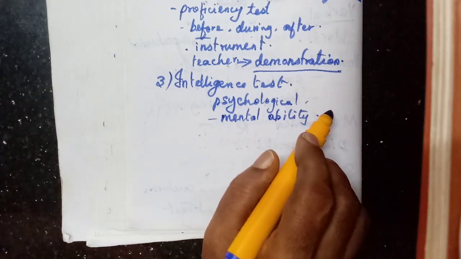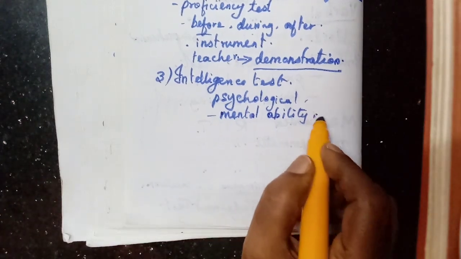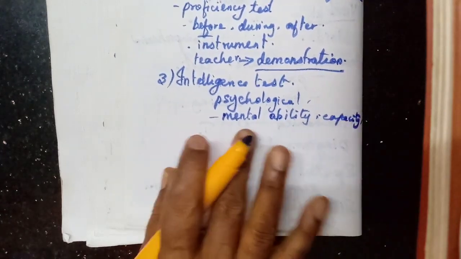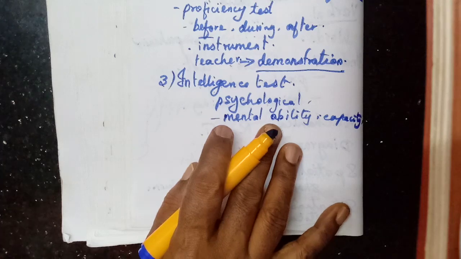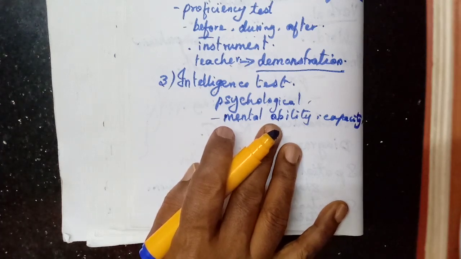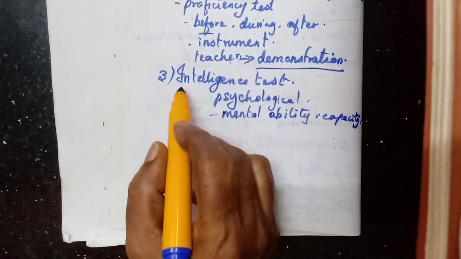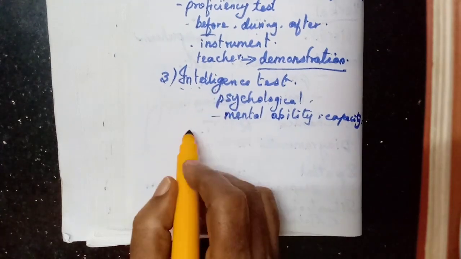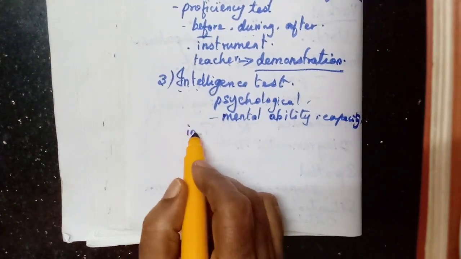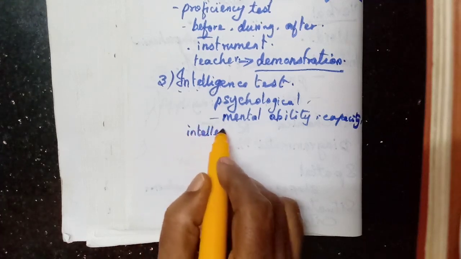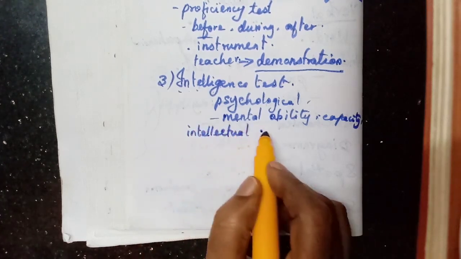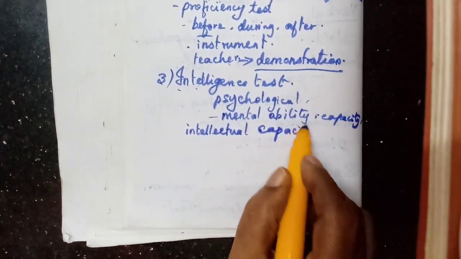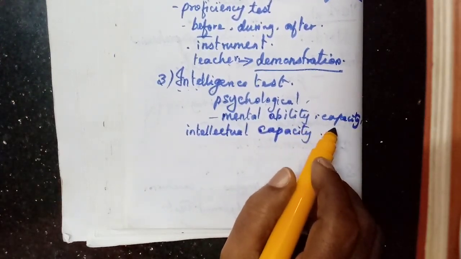Mental ability or his mental capacity, how he can perform a given job. So from the name itself, the intelligence test is conducted to test the intellectual capacity, the intelligence of the candidates.